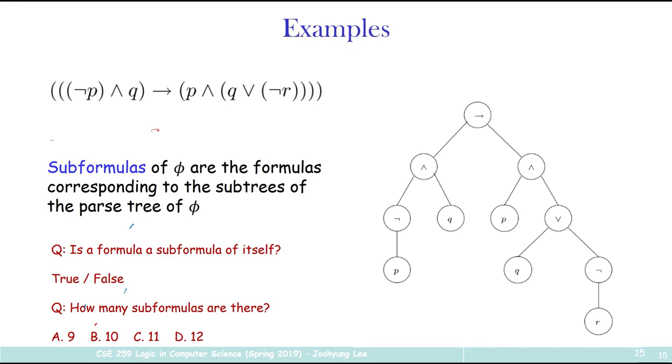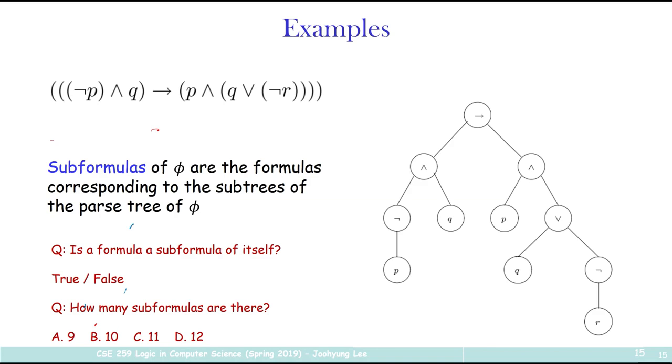All right, so let's see what you said. Majority chose C, so you're saying that there are 11 subformulas.